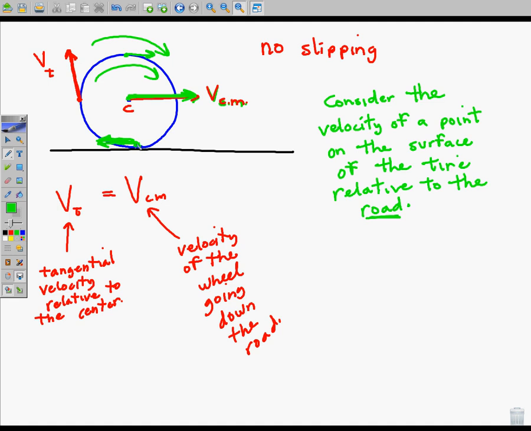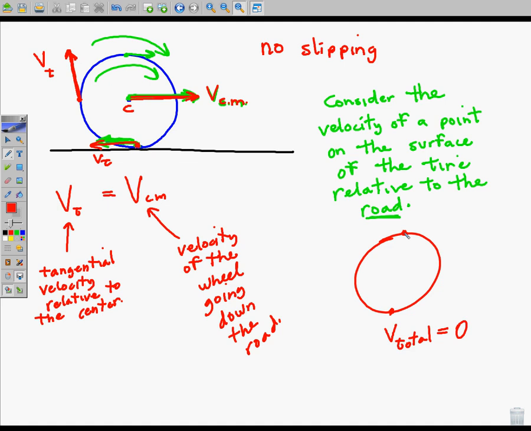At that bottom point, its tangential velocity is the same as the center of mass, but the whole tire is going to the right while this little point is going to the left, so the total velocity of a point on the bottom is equal to zero.